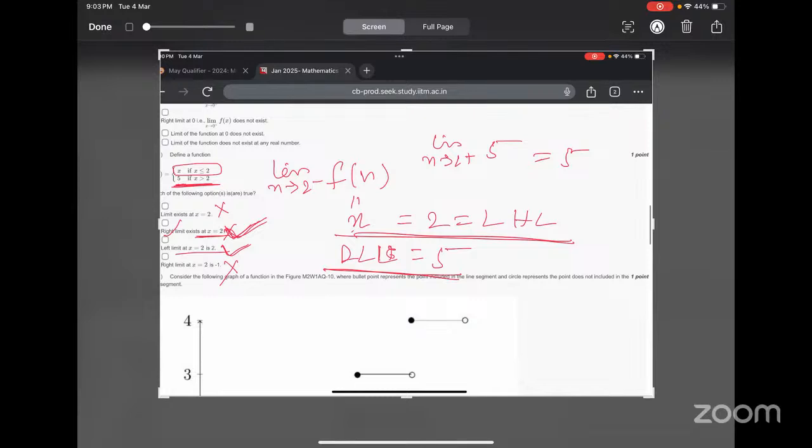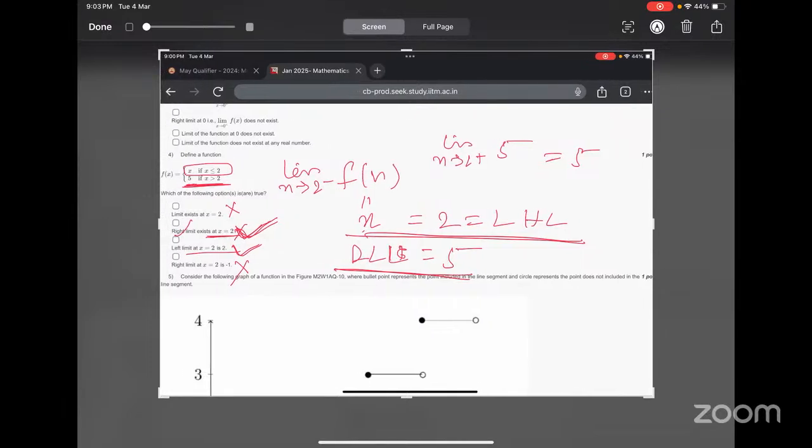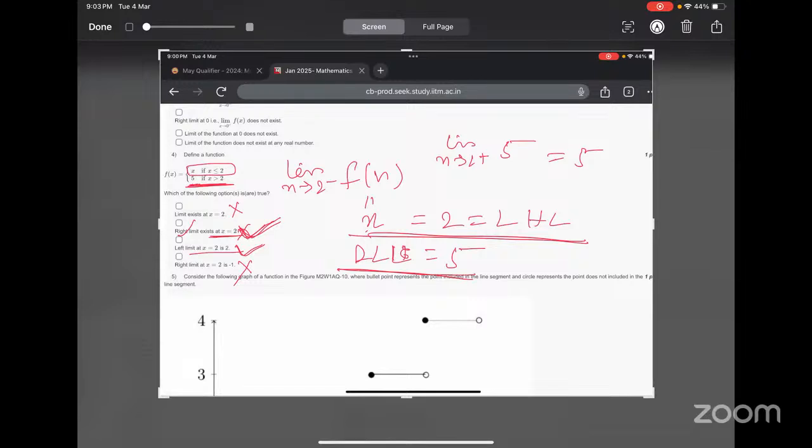So the left limit at x equal to 2 is 2, and the right limit is 5. That means left and right are not equal, so the limit doesn't exist. And the fourth option says instead of 5 it is -1, so it is wrong. Got it? Yes, ma'am. 10 by 10.